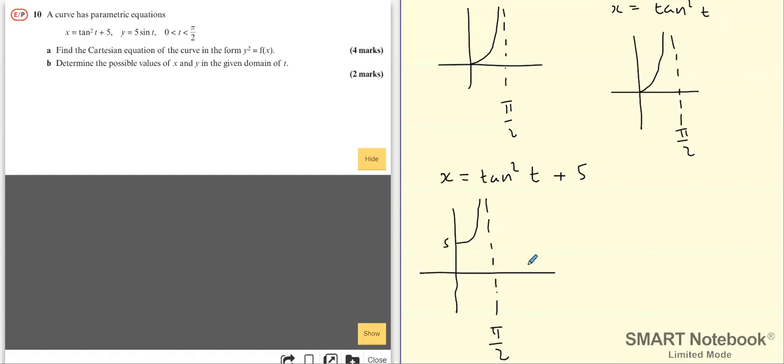Okay, so now if I look at my domain, my lowest height is down here, and it goes up to positive infinity up there. And so t is greater than 0, it's not allowed to be 0. It's going to be just over 5, so my domain is x is greater than 5. Does that make sense? Are you happy with that? Please let me know that in the chat.